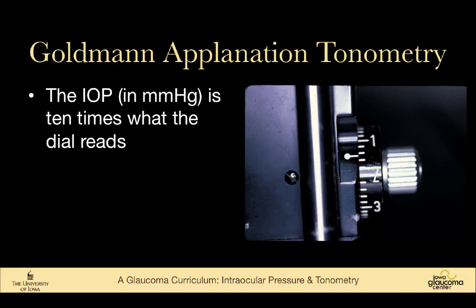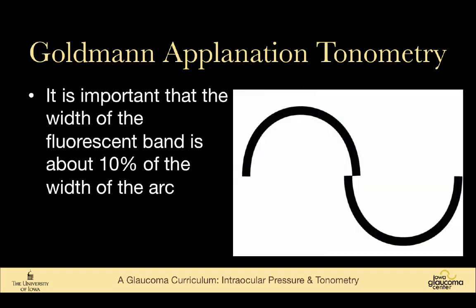So this is the view, turning the dial until the inner margins of these semicircles align, and if there's a little pulse pressure, we try to have it average so that the inner sides are aligned. The intraocular pressure in millimeters of mercury is 10 times what the dial reads. In this case, 15 millimeters of mercury.